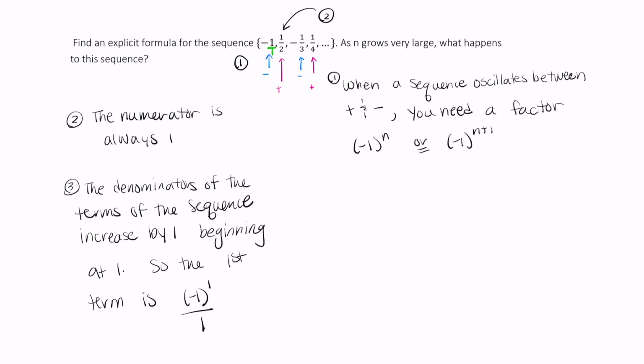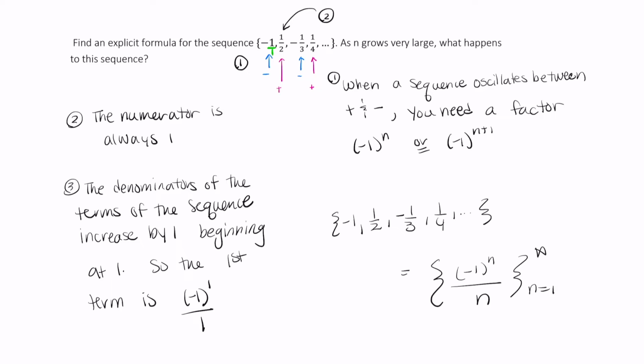So that means my series here can be expressed. So -1, +1/2, -1/3, +1/4, and so on can be expressed as just -1 to the nth power divided by n. And we're beginning at the first term to infinity.